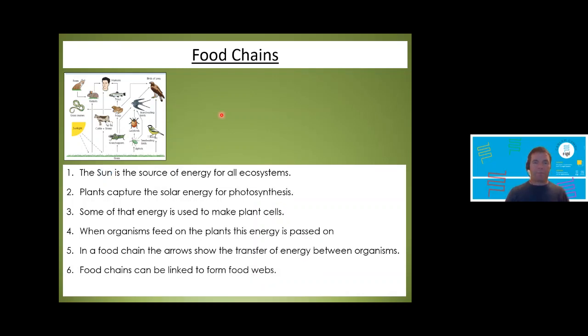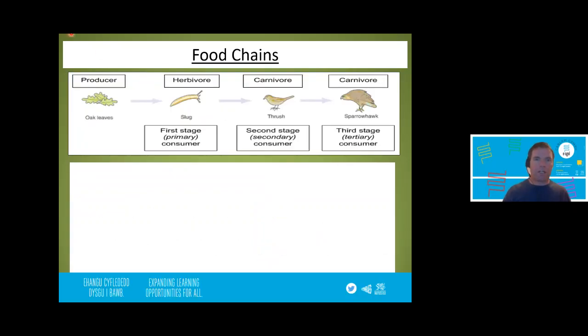Right, so let's go on a little bit further and look at an individual food chain, and let's look at some of the terms associated with a food chain. So first of all, let's start with the producer. A producer is defined as any organism which can make its own food, and we're pretty safe to just say we're talking about plants there.